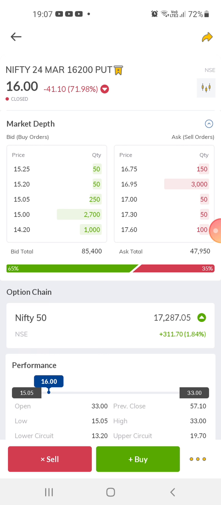I'm comfortable with the index, and I don't want to shift to Bank Nifty because I'm more comfortable with Nifty. Whenever I've done Nifty trades, it's been a success, so I just prefer Nifty. Even in Bank Nifty it's been a success, but Bank Nifty is very volatile and the range is too big.